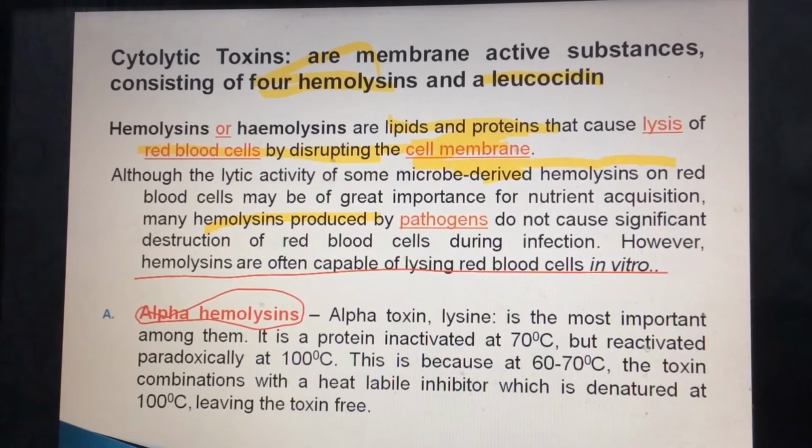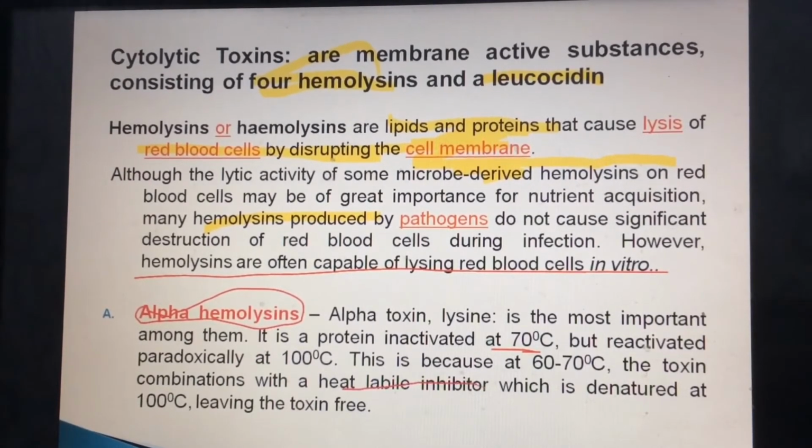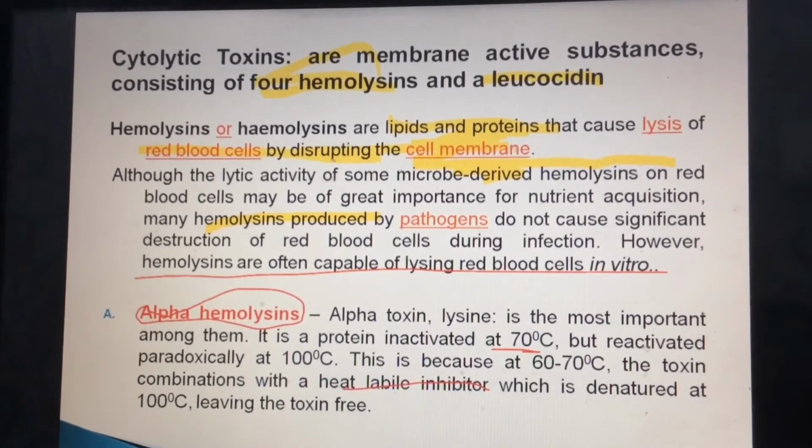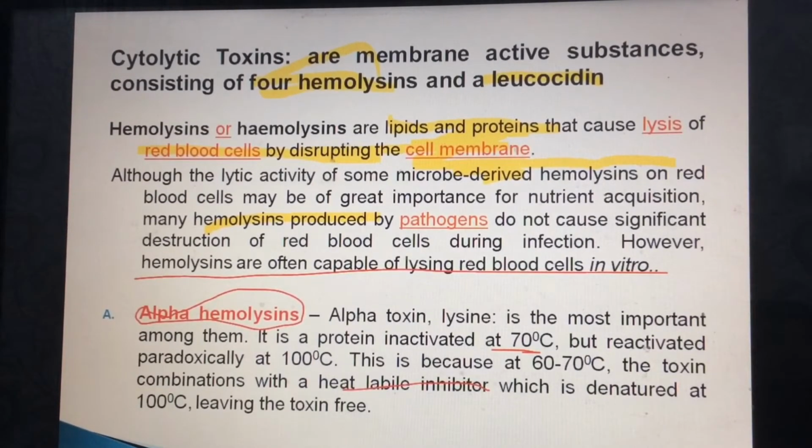What is alpha hemolysis? Alpha hemolysin is the most important among all of them, whether beta, delta or gamma. The protein becomes inactivated at around 70 degrees centigrade, but is paradoxically reactivated at 100 degrees centigrade.